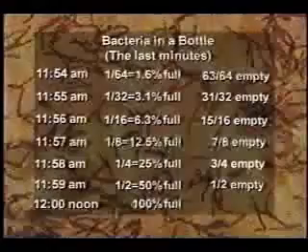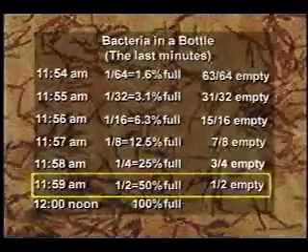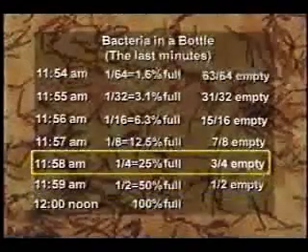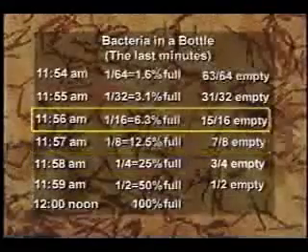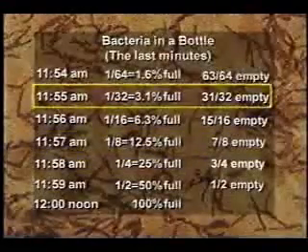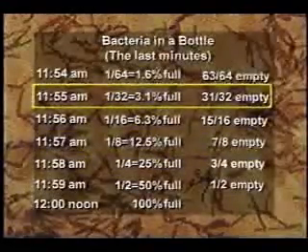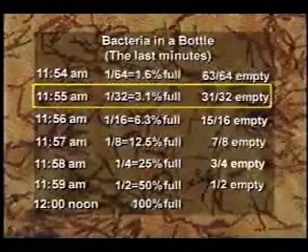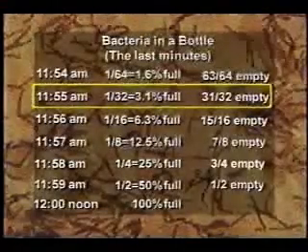Think about it. Well, let's just look at the last minutes in the bottle. At 12 noon, it's full. 1 minute before, it's half full. 2 minutes before, it's a quarter full, then an eighth and a 16th. Let me ask you, at 5 minutes before 12, when the bottle's only 3% full and is 97% open space just yearning for development, how many of you would realize there was a problem?